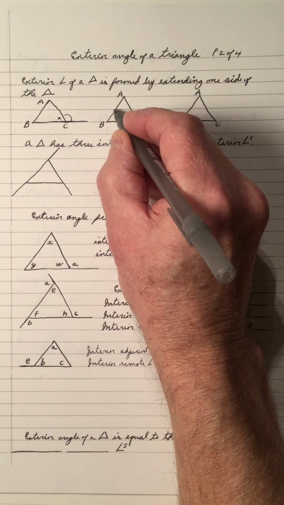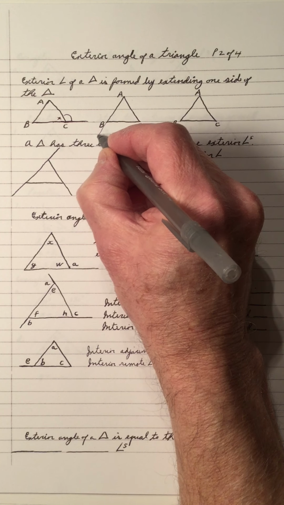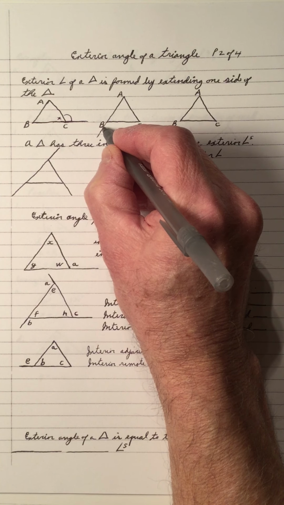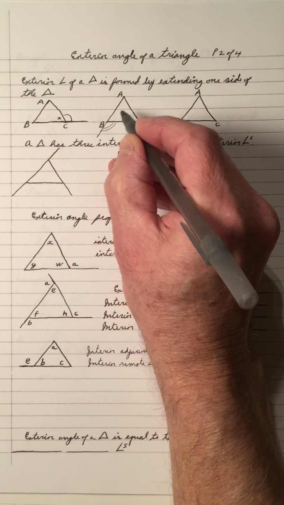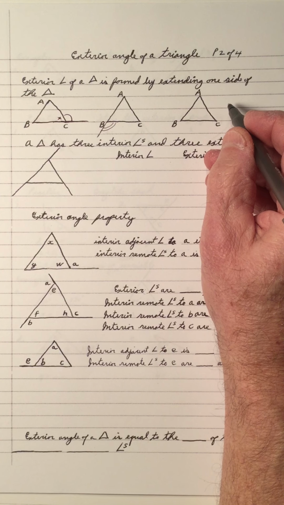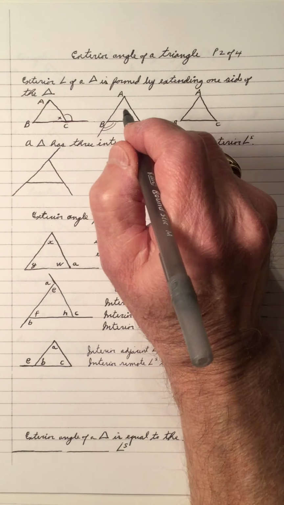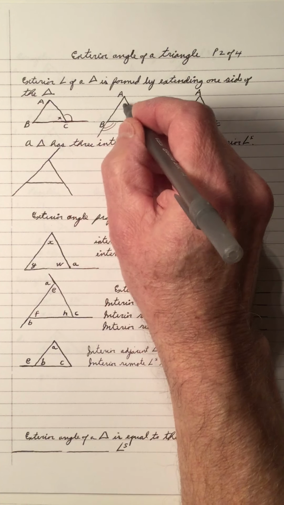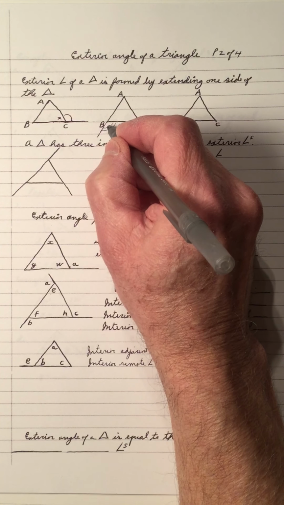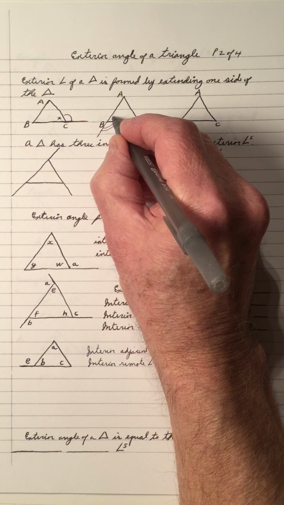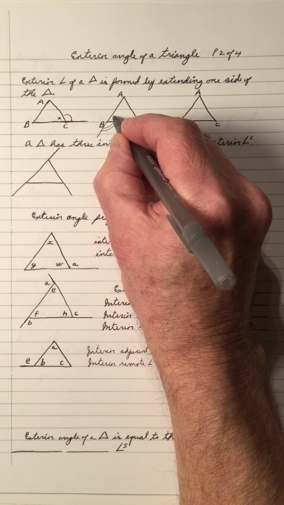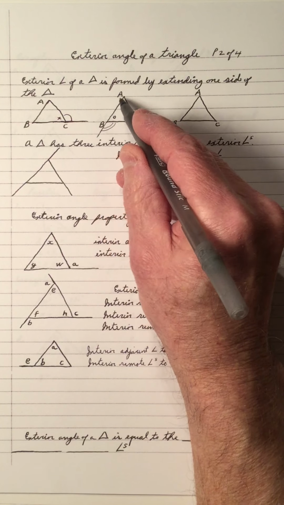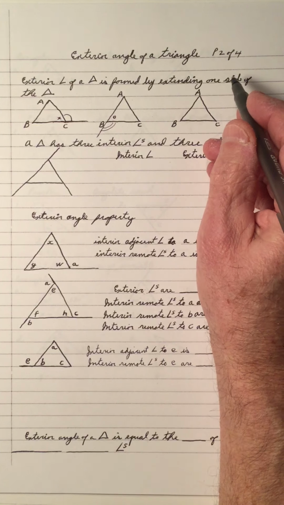If I leave A, come down, and keep going down in a straight line, then this angle right here is the exterior angle at B. So you only extend one of the sides, either extend BC this way or AB this way. This is an exterior angle at B. And again, this angle right here is the interior angle, and the two of those angles together form a straight line. These angles are supplementary.